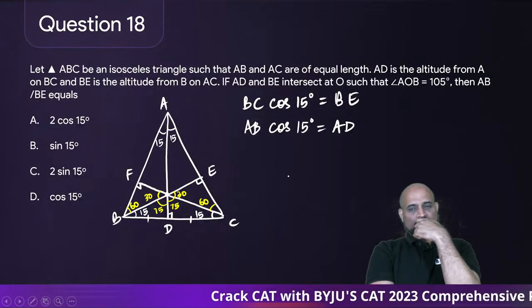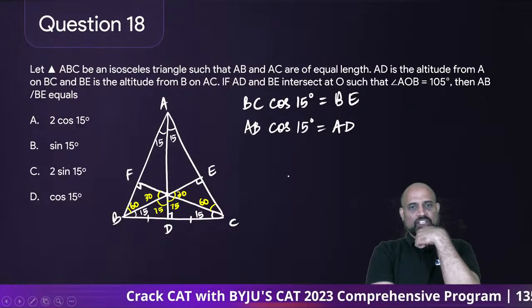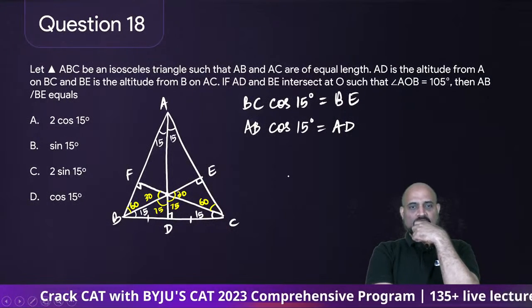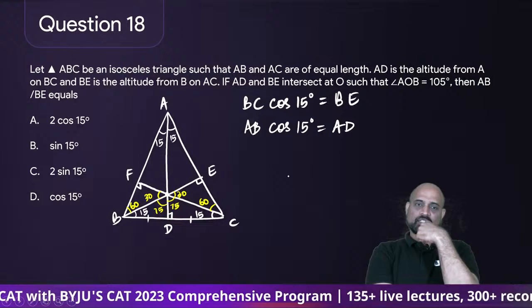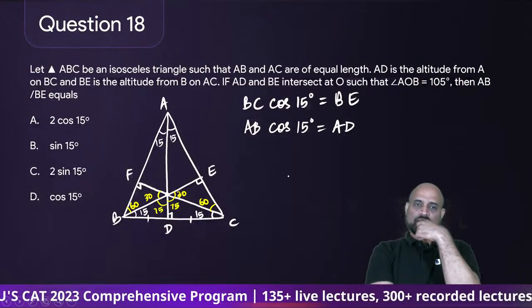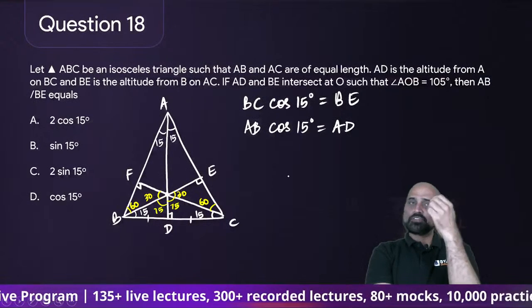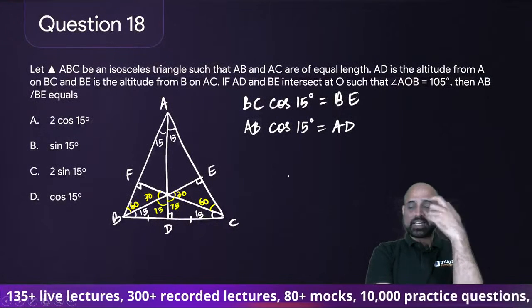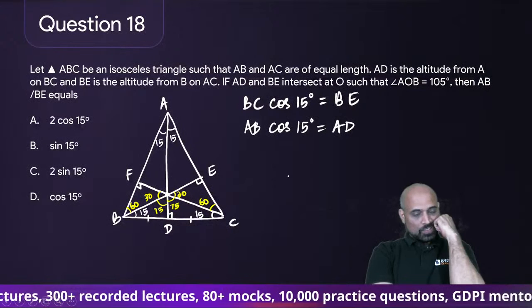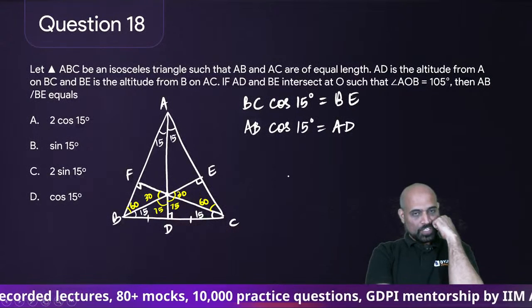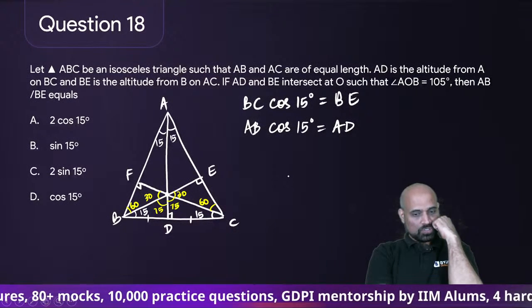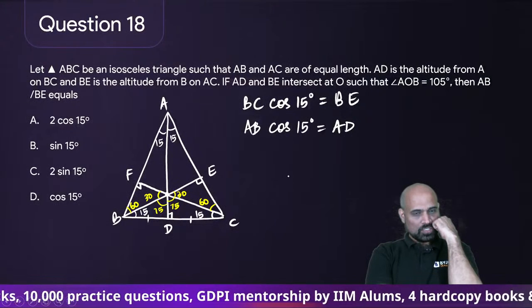And if I try to divide them, I'll get relation between BC and AD, but how are BC and AD related? 75 will come in, tan 75 or tan 15. Tan 15 will contain sine and cos. So maybe cos will cancel out.